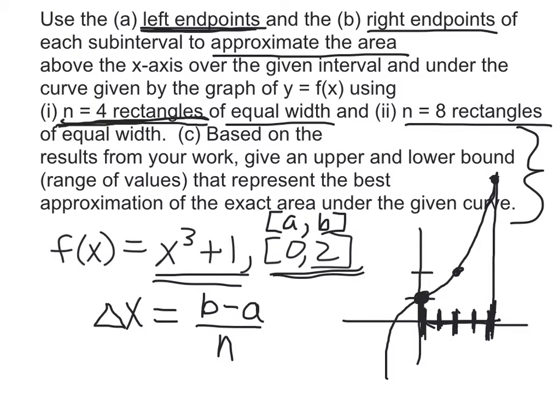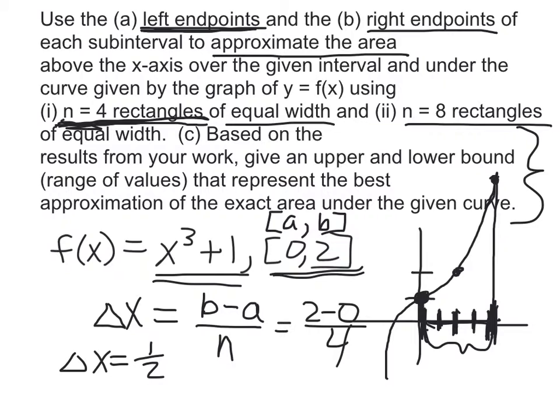So from 0 to 2, the numerator is essentially the length of the overall interval we're looking at. Then we're splitting this into 4 parts, n equals 4. As you do the calculation, we see delta x is 2/4 or 1/2.